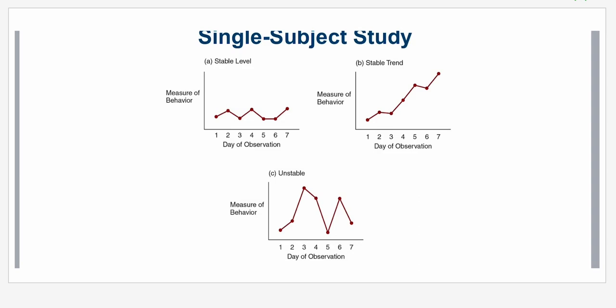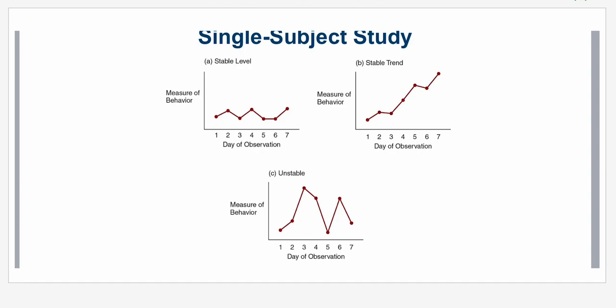So if that's what you have for your phase, how can you see if a treatment or a change in phase is going to affect anything if there's nothing stable or consistent beforehand to compare it to, right?